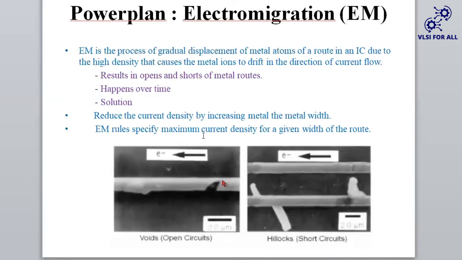If this EM happens, it results in opens and shorts of metal routes. It happens over time. What is the solution? Reduce the current density by increasing the metal width. EM rules specify maximum current density for a given width of the route.